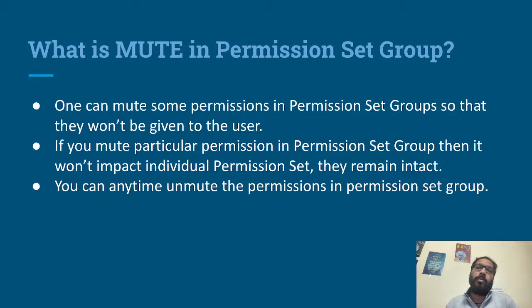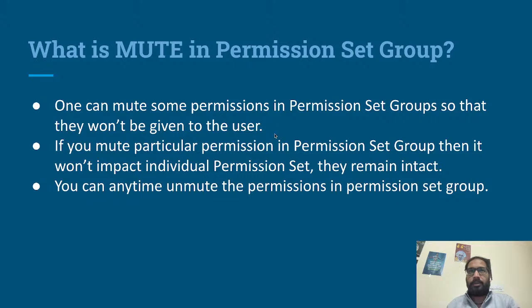So instead of removing that permission set from the permission set group, you can just mute that delete permission in the permission set group itself. What is mentioned here says one can mute some permissions in permission set groups so that they won't be given to the users, right?